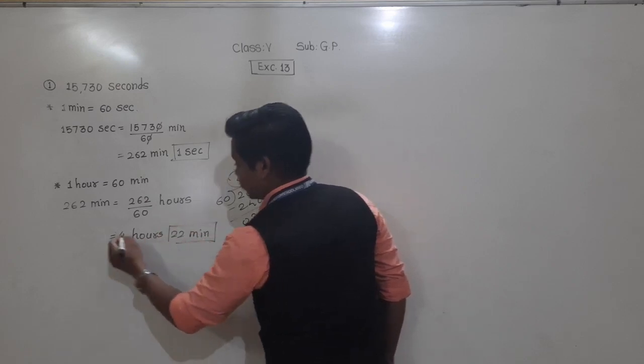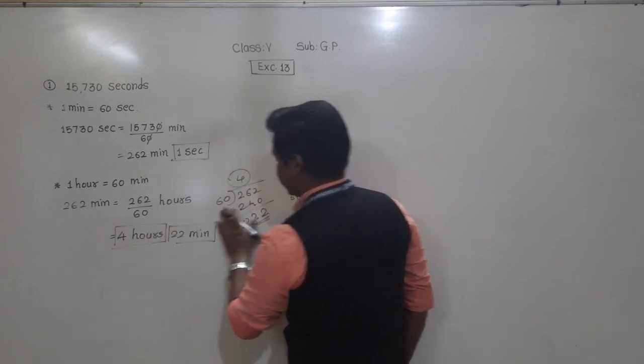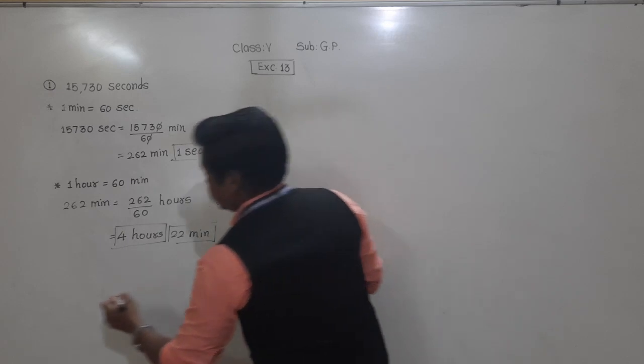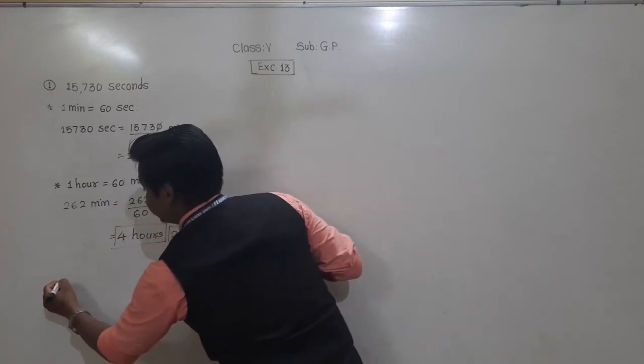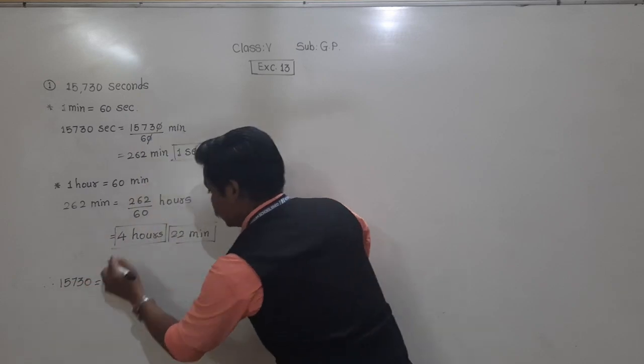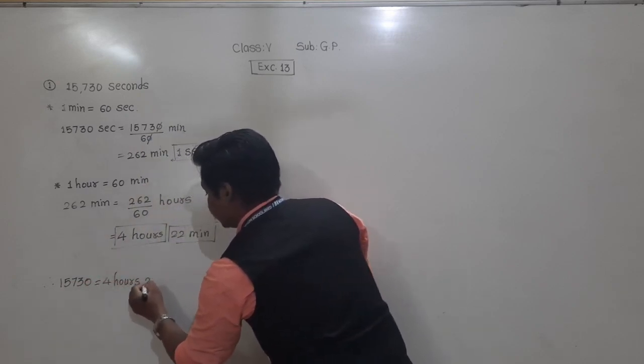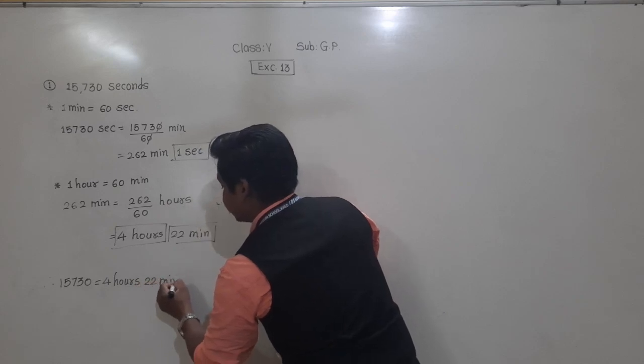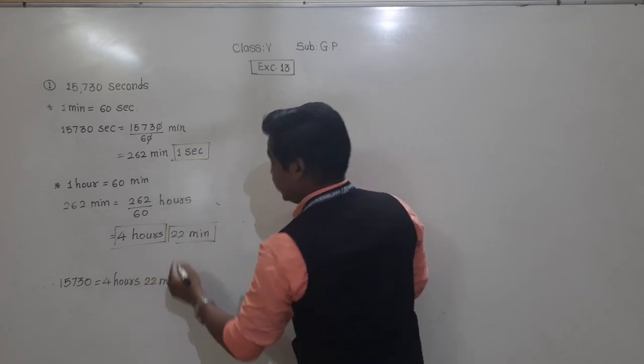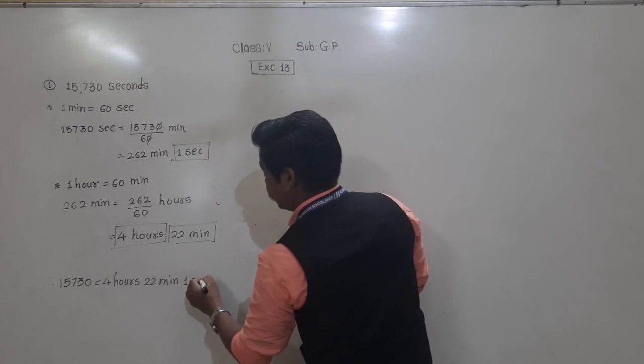So this is your final answer. So at the end, 15,730 seconds is equal to 4 hours, 22 minutes, and how many seconds? 1 second. Okay, see how we have proceeded.